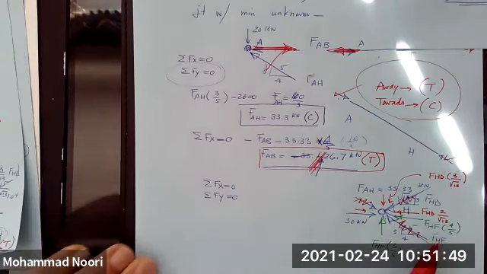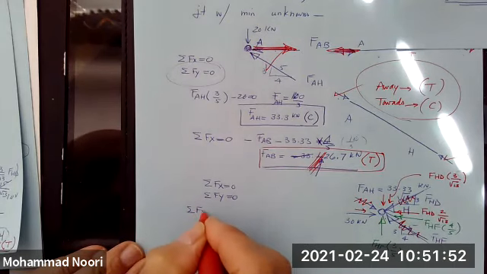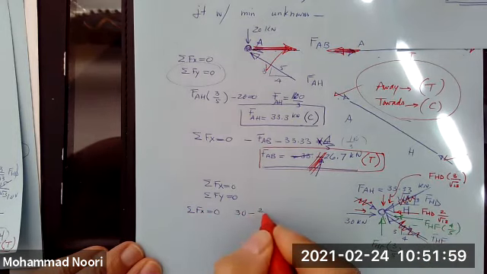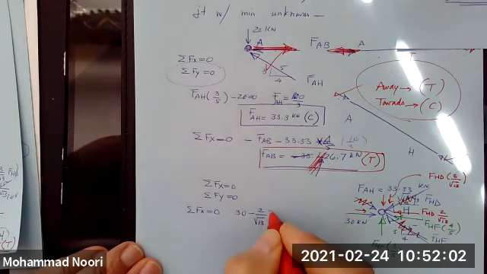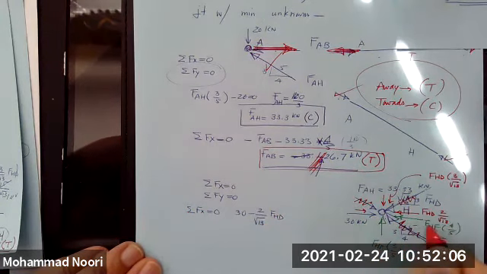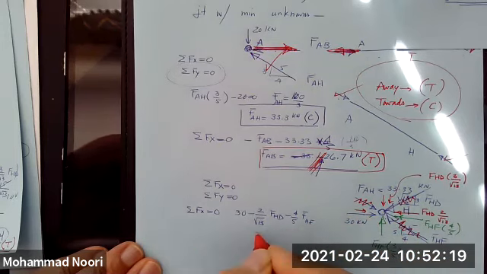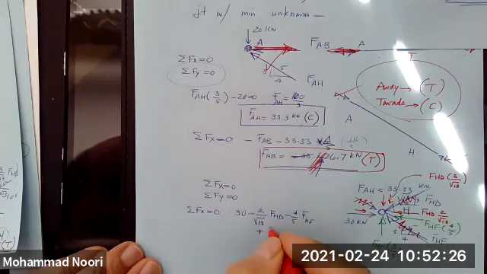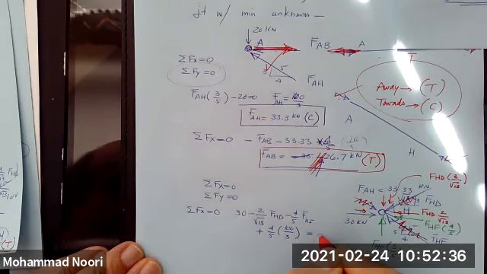So let's write the equation of equilibrium, starting with summation of forces along X equal to 0. I have 30 minus 2 over square root 13 F_HD, minus 4/5 of F_HF, plus the force of AH, which is 4/5 of F_AH, which was 100 over 3, equal to 0.